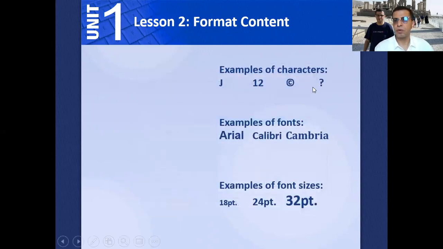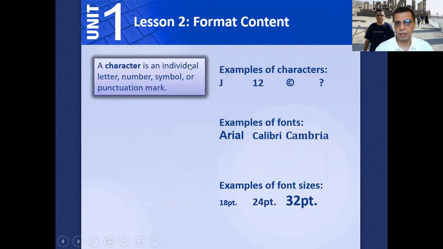So there is what you call a character. Characters are like a J, 12, C, at, or a question mark, and then you have examples of fonts: Arial, Calibri, Cambria. There are tons of them. And then the font size is shown there.